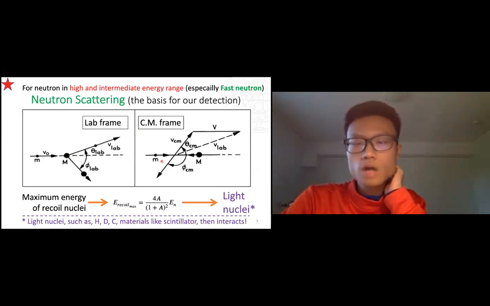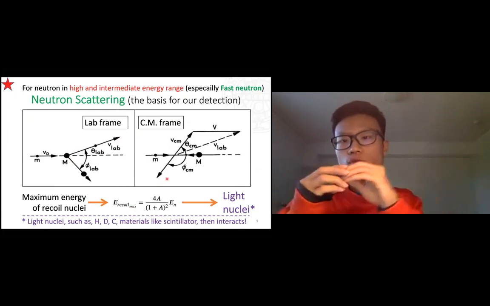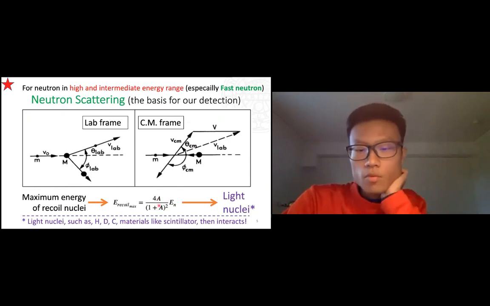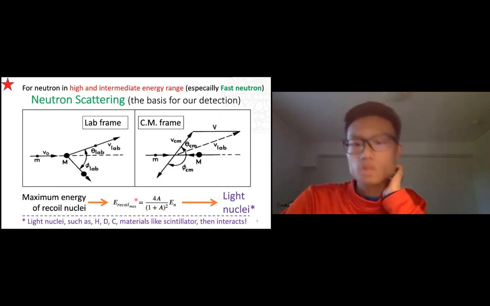We can use a simple physics picture in the lab frame and center of mass frame, do some calculation, and get the result for the maximum recoil energy, which means the neutron transfers its energy to the nuclei. It is related to A, the atomic mass of the nuclei. The lighter the nuclei, the greater the recoil energy, which is what we demand for neutron detection. This is the basis, so with this basic idea we need to choose the materials for the detector.